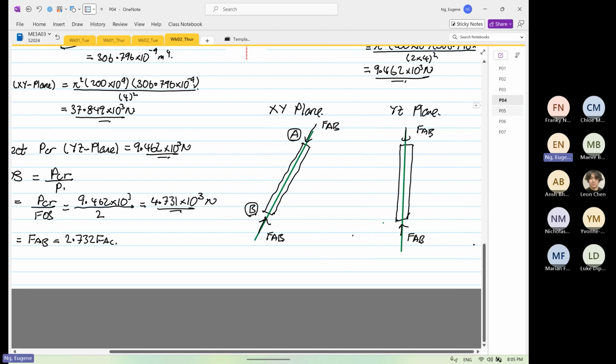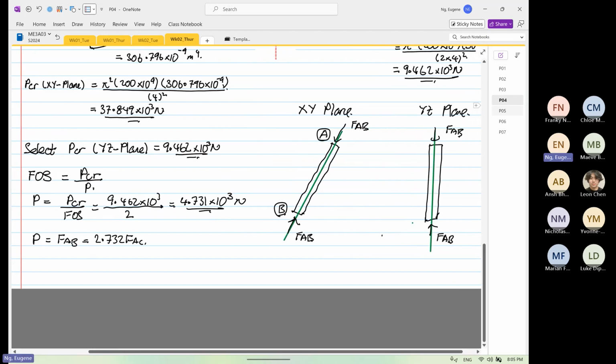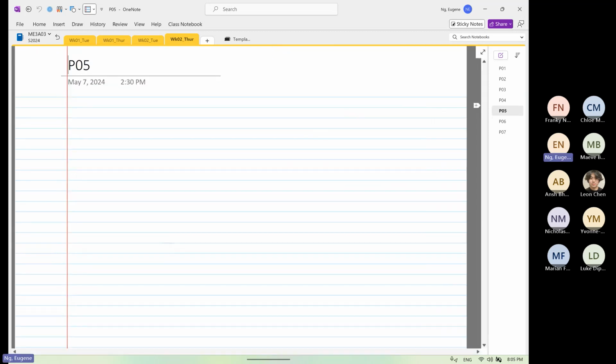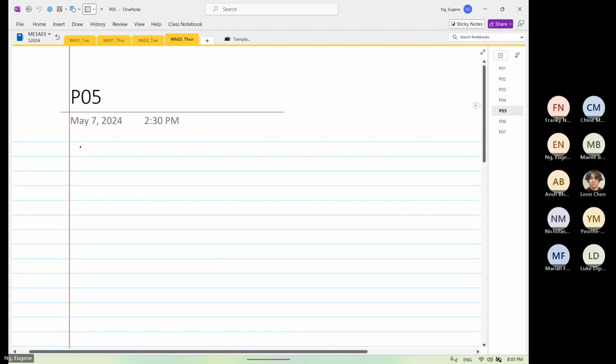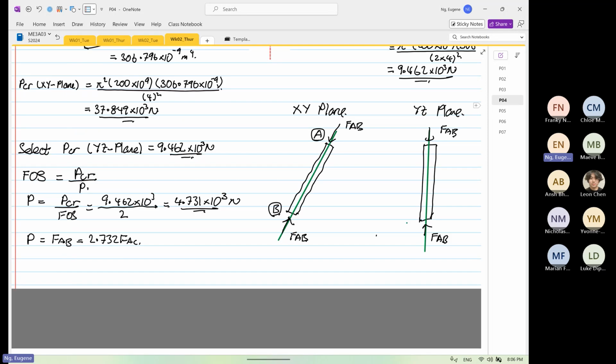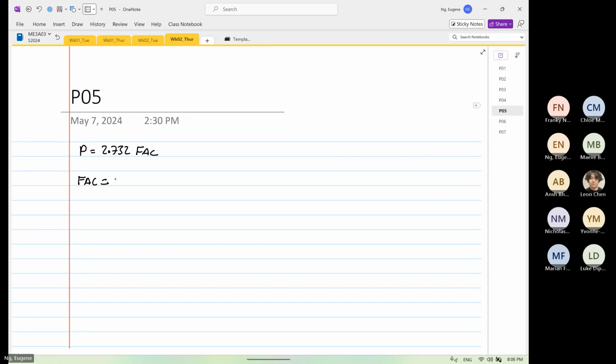Okay. So now we have our FAB is 2.732 FAC. So FAC is equal to our P, which is equal to 4.731 times 10 to the power 3.